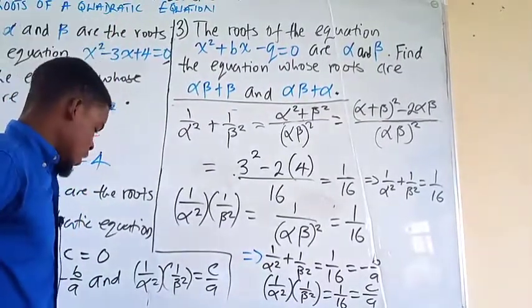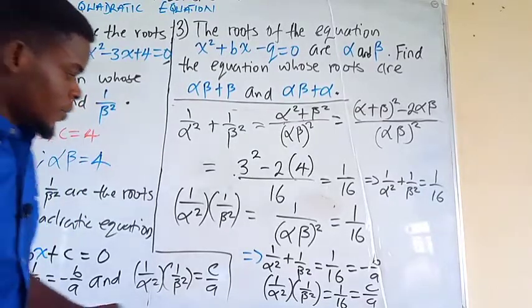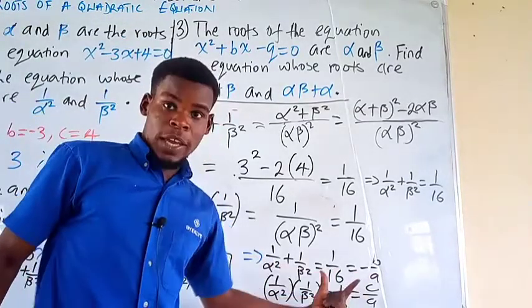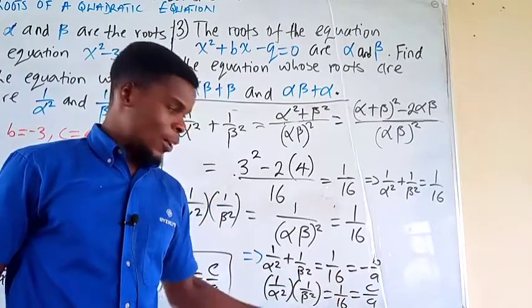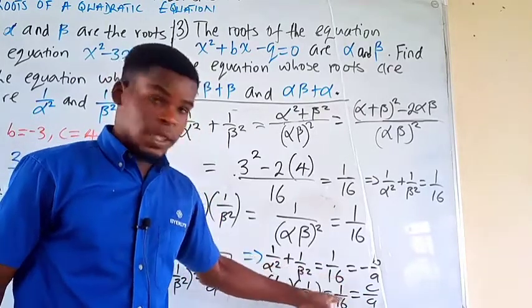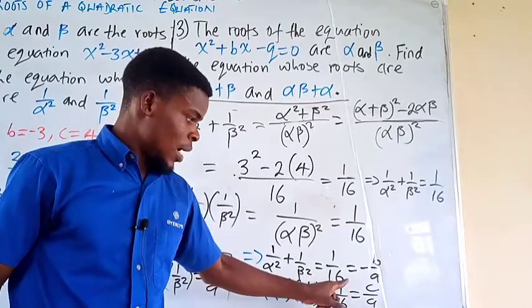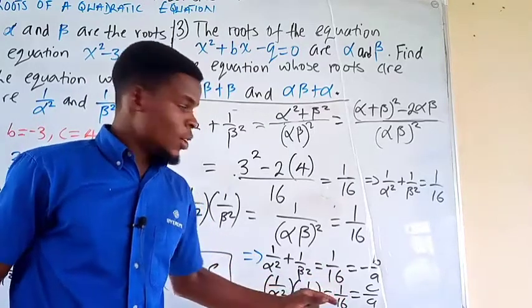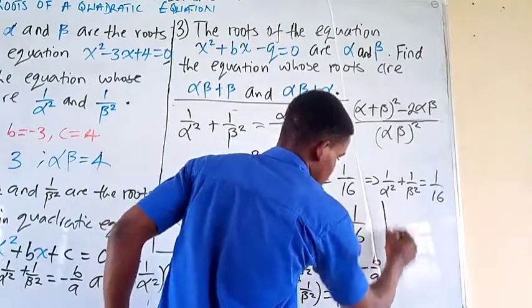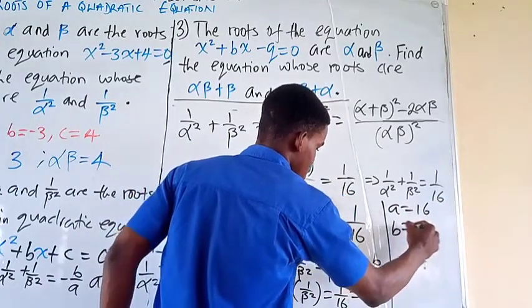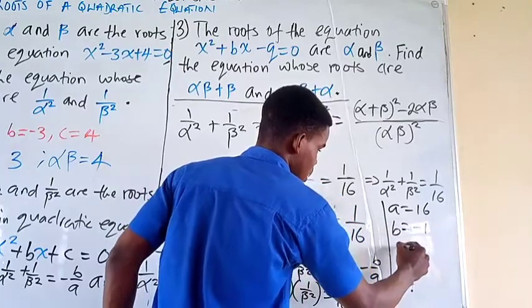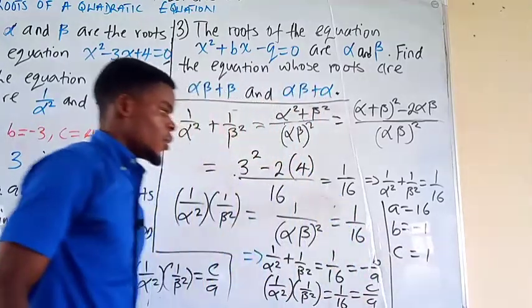So since that is the case, it simply means that if you are equating the fractions, you will see that in both cases the denominator is a, and in both cases here the denominator is 16. So we can simply say that a is equal to 16, we can say that b is negative 1, and we can say that c is equal to 1.